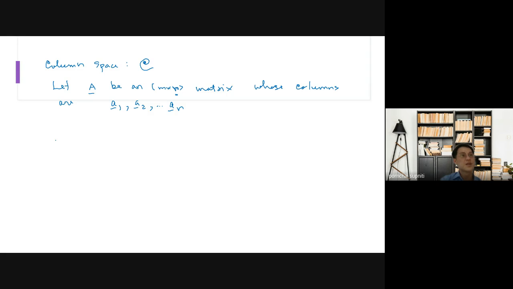The column space C of this matrix A is equal to the set of C1 A1 plus all the way to Cn An, where C1 all the way to Cn are just numbers, so they are field elements.